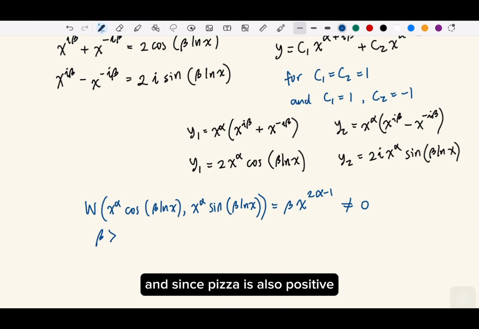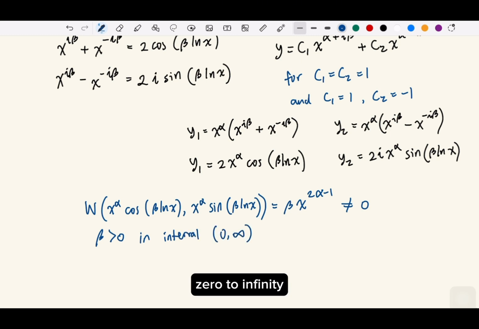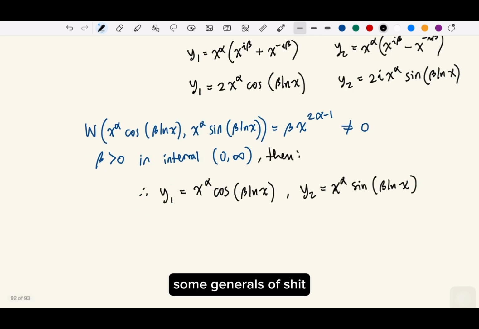And since beta is also positive in the interval 0 to infinity, then y1 and y2 give the general solution.